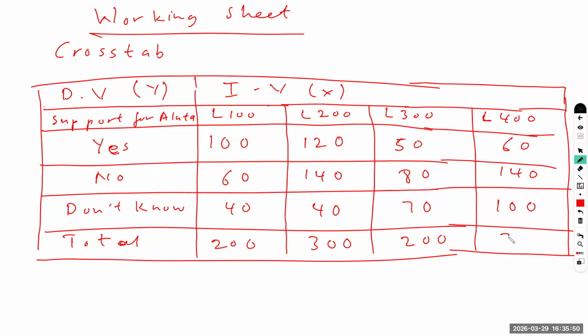300. So now my question is, who doesn't know where we got these figures from? You all know where we got these figures from, right? These figures were gotten from the question that we just read.